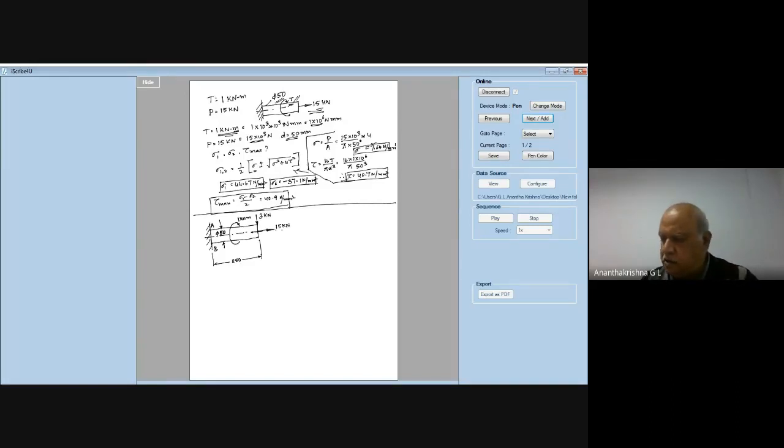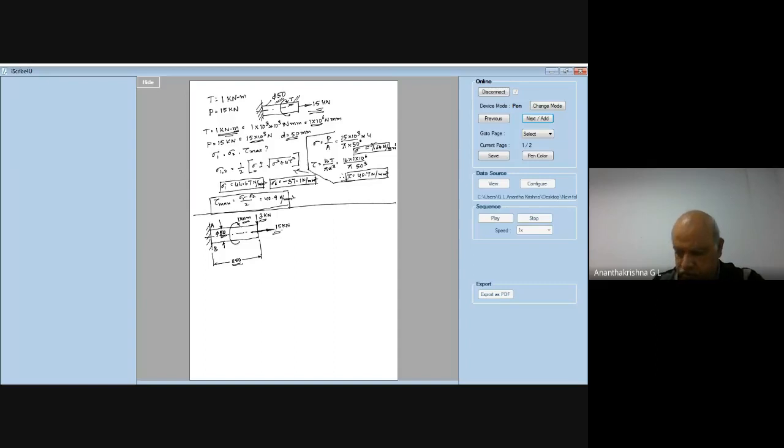This is a cantilever beam which is subjected to a combination of axial load, a transverse load of 3 kilonewton and a torsional moment of 1 kilonewton meter. The span or length of the beam is 250 mm, and the diameter is 50 mm, circular cross section.